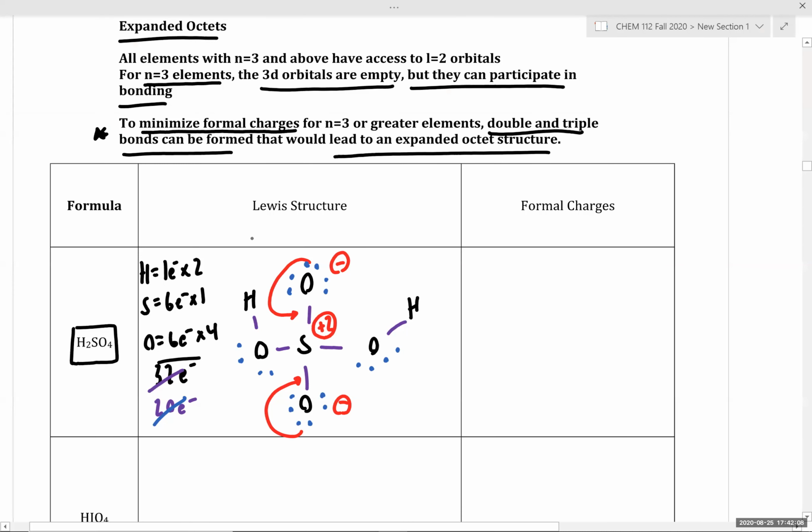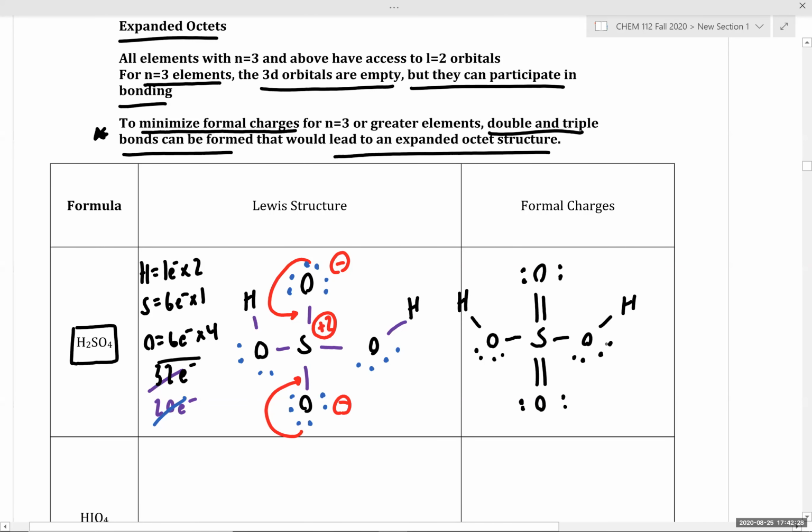This in turn reduces the overall formal charge on each of our atoms in this Lewis structure, and overall provides us an expanded octet structure that is more representative of the actual bonding arrangement for sulfur.